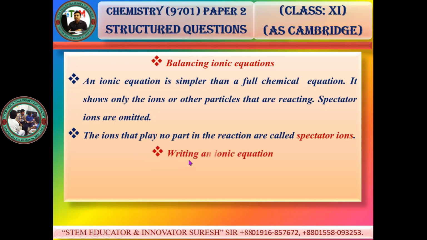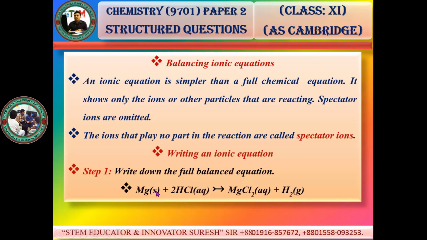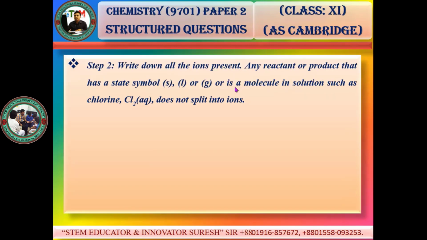So, writing an ionic equation. Step 1, write down the full balanced equation first. Like this: magnesium solid plus 2 moles of hydrochloric acid aqueous, reacting with each other, forming magnesium chloride aqueous plus hydrogen gas. Step 2, write down all the ions present.